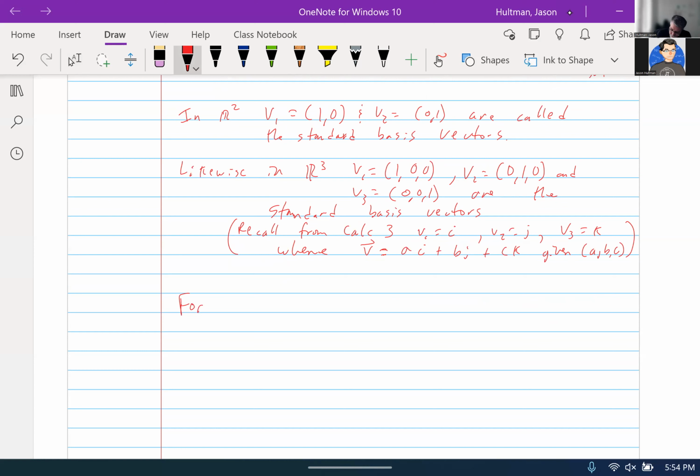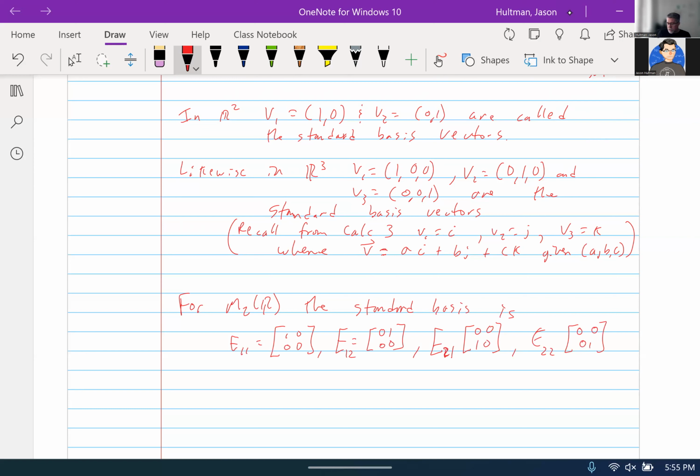For M2(R), the standard basis is E11, which equals [1 0; 0 0], E12, which is equal to [0 1; 0 0], E21, which is equal to [0 0; 1 0], and E22, which is [0 0; 0 1].